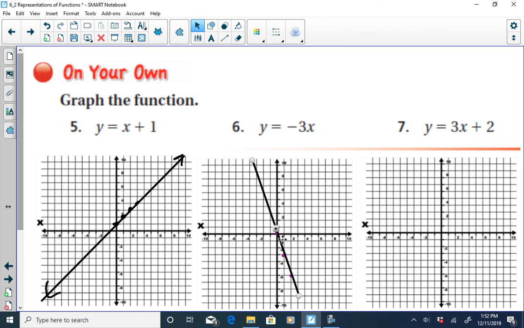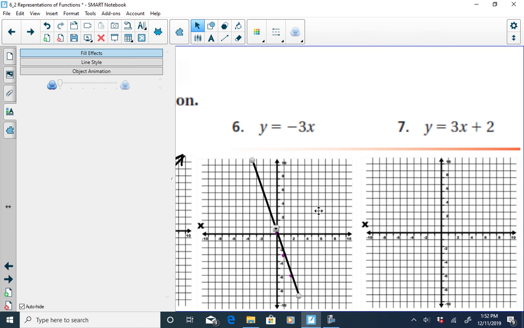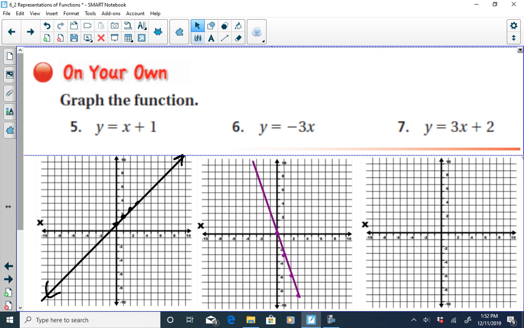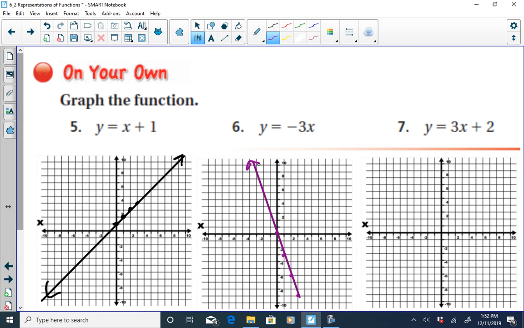I'm just going to make that purple to match. Here we go, purple. Make a nice purple. There we go. And let's draw arrows at the end of that line. There we go. And then our last one, y-intercept is 2. We point at 2.